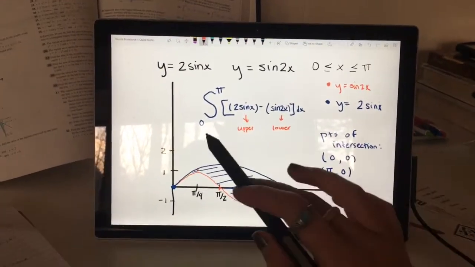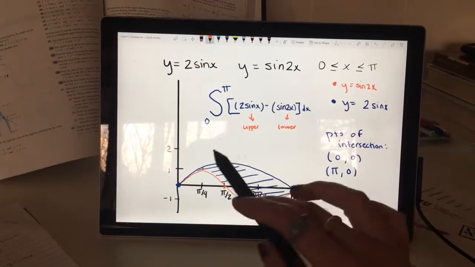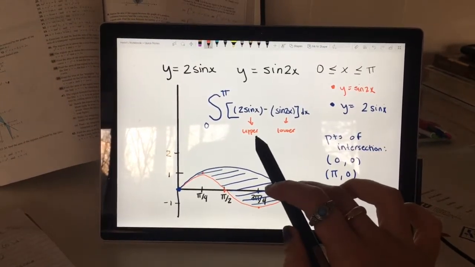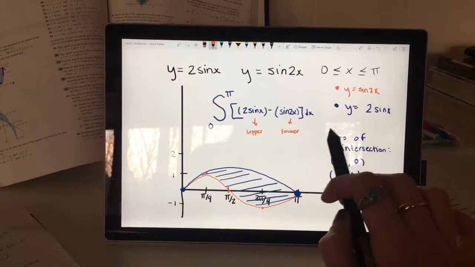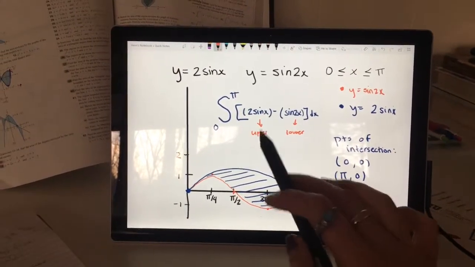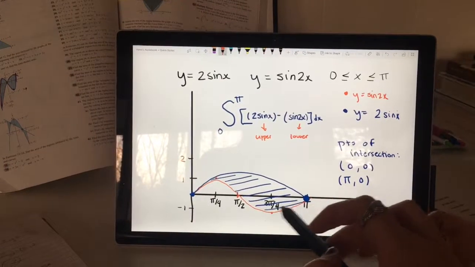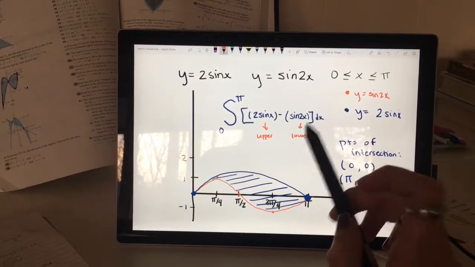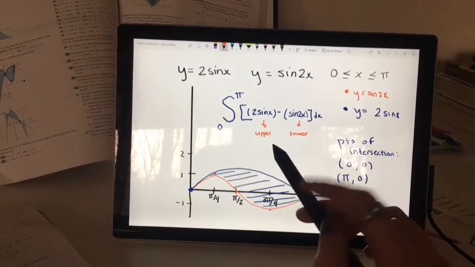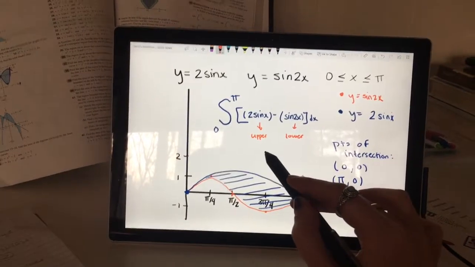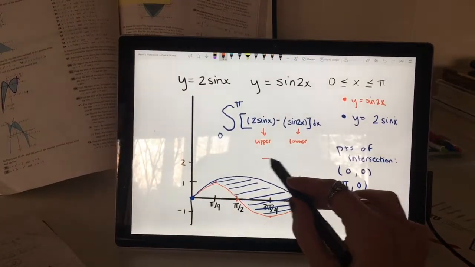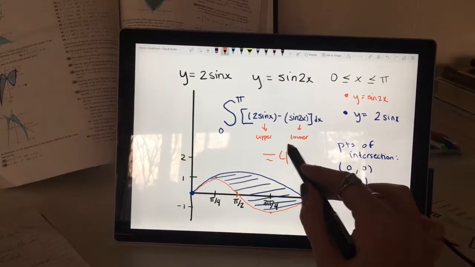I set up my integral from 0 to pi. The upper curve is the blue one, which is y equals 2 sine x, minus the lower curve, which is in orange here, which is sine 2x. I'll put that into my calculator to evaluate, and I will get 4.